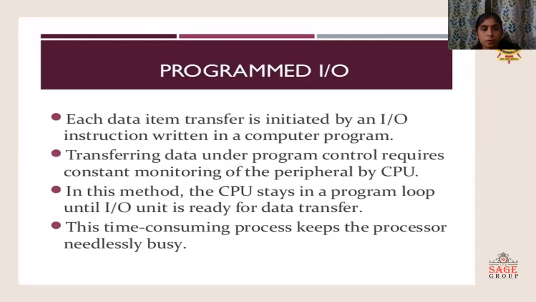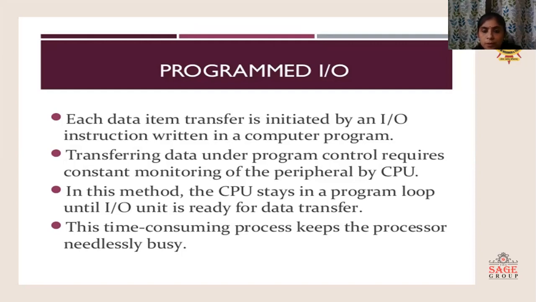In case of programmed input output, each data item transfer is initiated by an input output instruction written in a computer program. The transfer of data under programmed input output requires constant monitoring of the peripheral by CPU. In the case of programmed input output, CPU continuously stays in a program loop and continuously monitors the input output device.